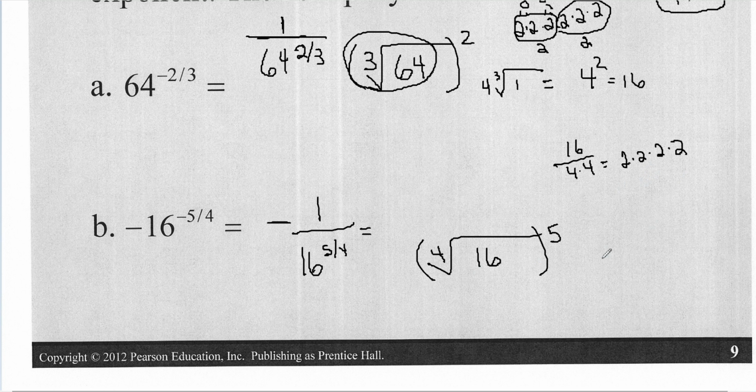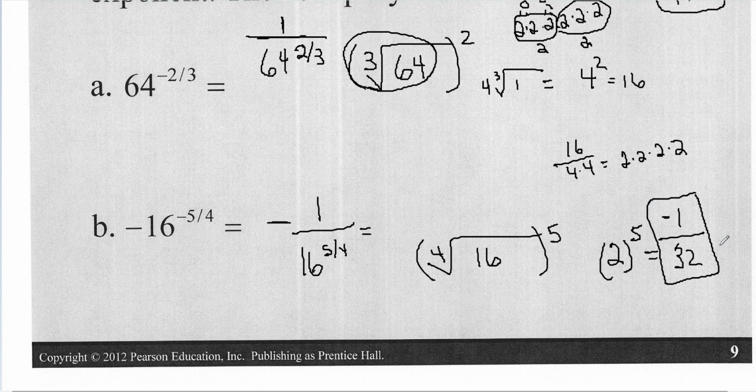So this ends up being 2 raised to the 5th power, which equals 32. Okay, so I've got 32. So this is all going to end up being negative 1 over 32. I just calculated what this is, and it belongs here.